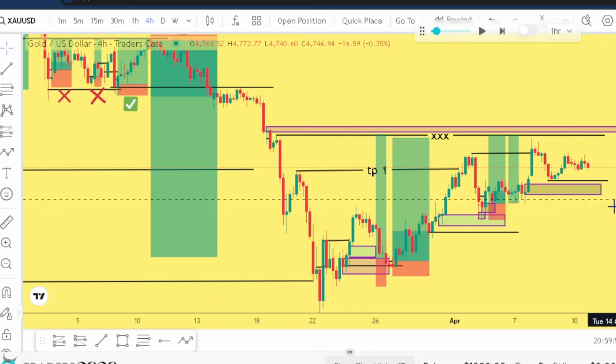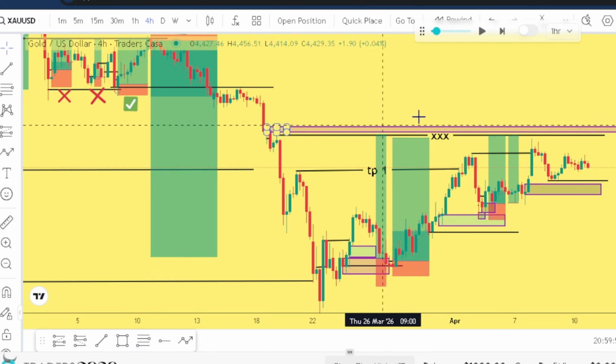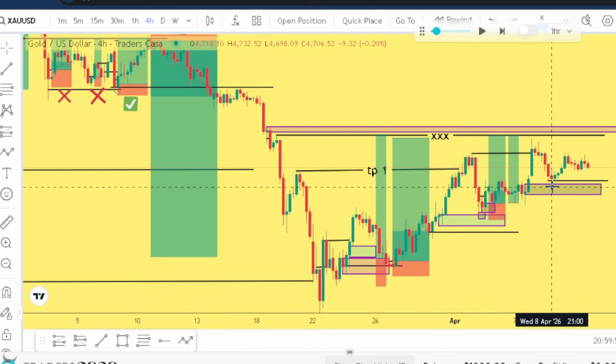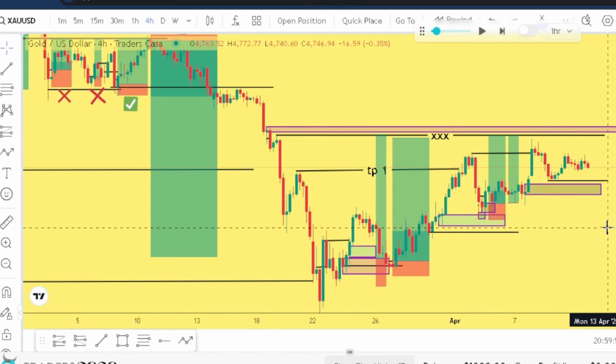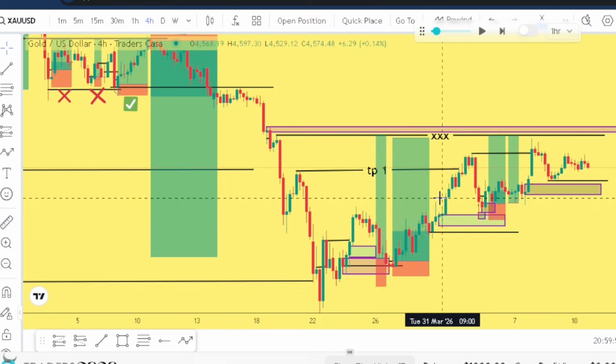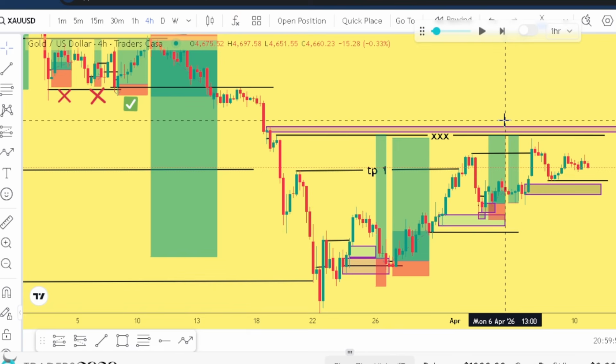Okay. So now, since the video is too long, I will end my video there. We will see what price has to do if it reacts from this level or if it continues to break towards the downside.